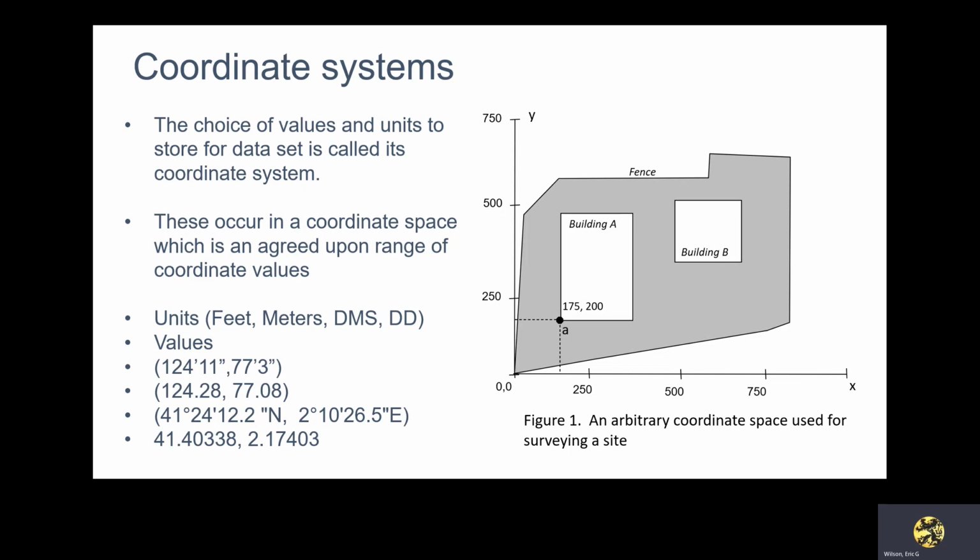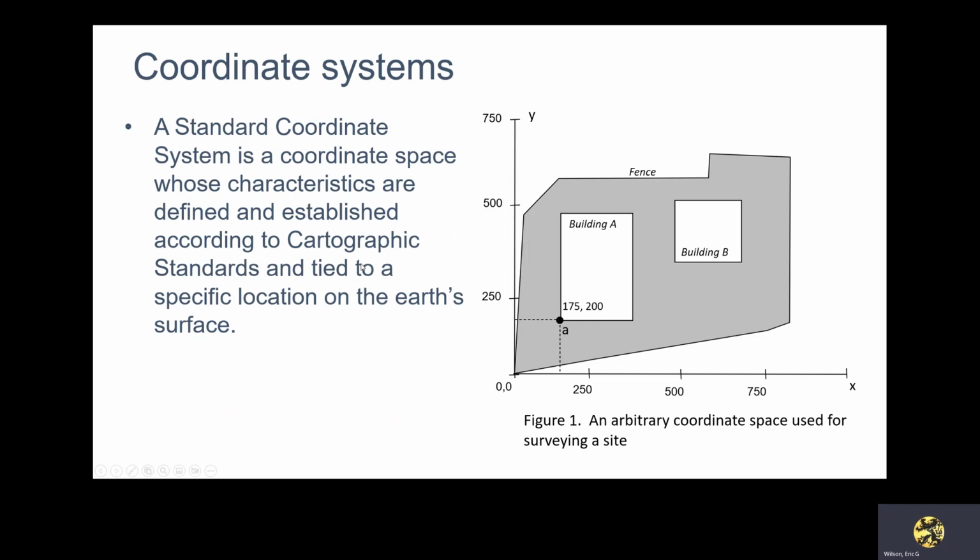And then the values for those look like the following, which is like 124 feet, 11 inches by 77 feet, 3 inches. That would be like a coordinate location on a plane. So the definition of a point. A line would have multiples of those strung together. So that's kind of sort of the basics of what a coordinate system is.